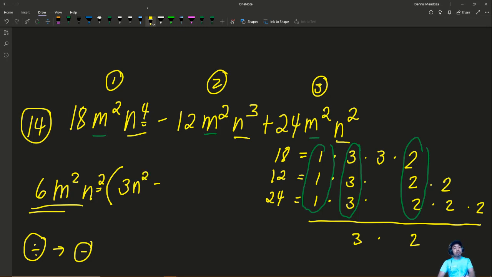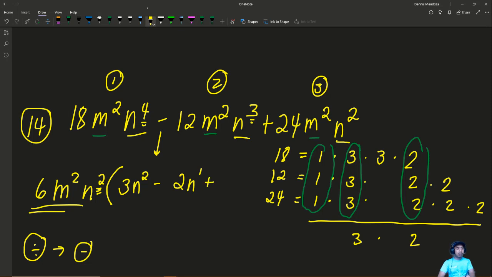Then copy the sign here. And then 12 divided by 6 is 2. And then m squared divided by m squared is just 1 again. No need to write. n cubed divided by n squared, it means 3 minus 2. So n raised to 1.